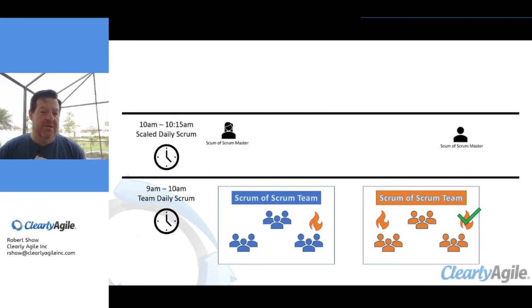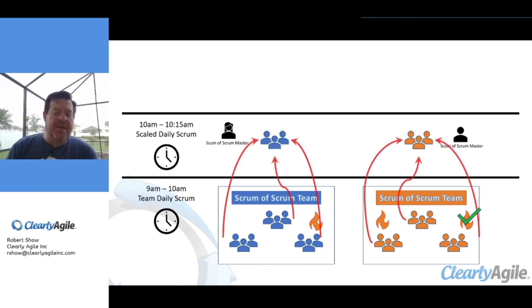So what happens? Scrum at Scale introduces the Scaled Daily Scrum, and here we see a new role introduced, the Scrum of Scrums Master. That can be a full-time role or a virtual role that one of the other Scrum Masters picks up. There's a lot of flexibility in that, and we can certainly answer questions in the chat down below. But the point I want to get across is the purpose of it.